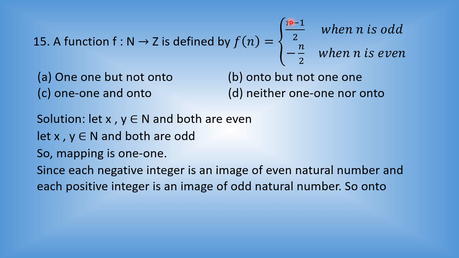That means, for every positive integer there is a pre-image that is an odd number, and for every negative integer there is a pre-image that is an even number. So, the entire Z is the range set. Therefore, the function is both one-one and onto. Answer is option.